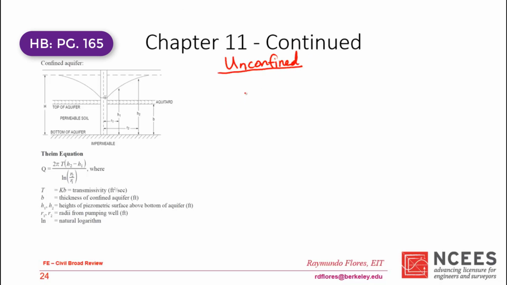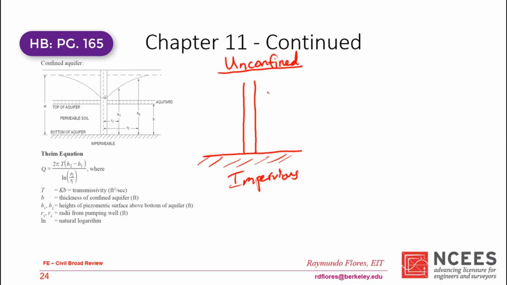So the unconfined is basically you still have this well, which is a steel perforated steel pipe or something like that. This is an impervious soil. And you still have soil up above until you get to the ground surface, which could be clay, it could be most likely sand or something like that. So we're going to draw the ground surface. This is a GND surface, right?